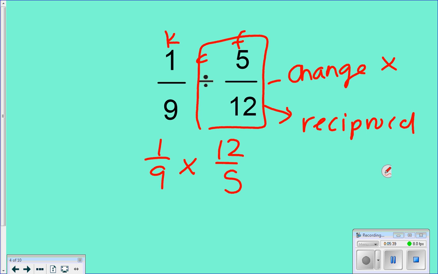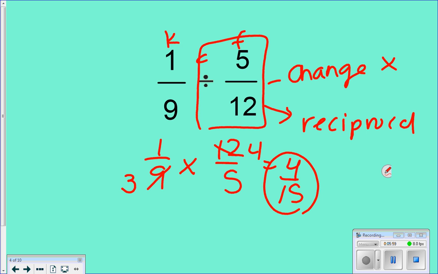Yep. So now what you're going to do here is you multiply across, but you can reduce. This is just like what we did yesterday. See how we're building? Yesterday we learned how to multiply. Today we're dividing because you have to use multiplication in it. You're going to reduce. Goes in 3 times, goes in 4 times, and you get 4 over 15. That would be your answer. Okay, so in reality you're just multiplying.